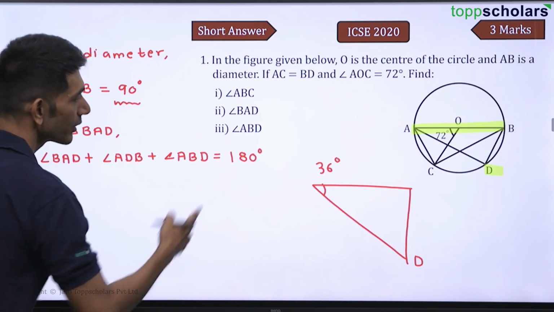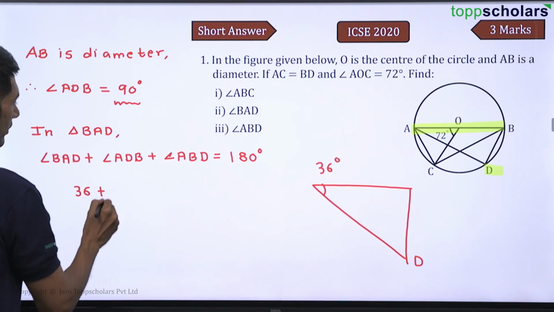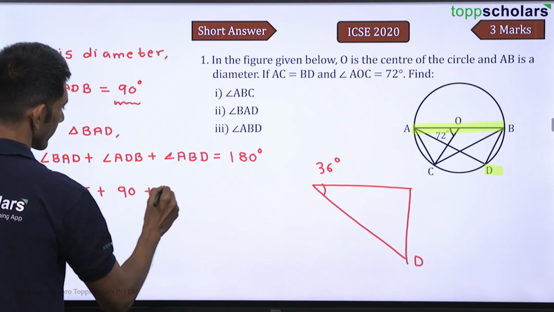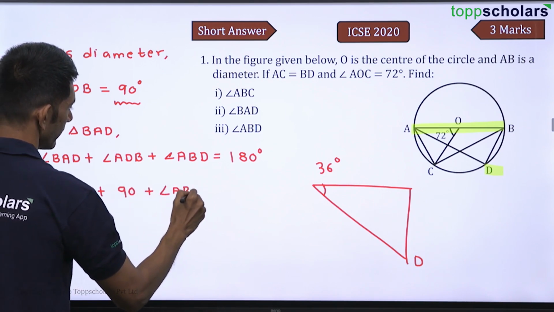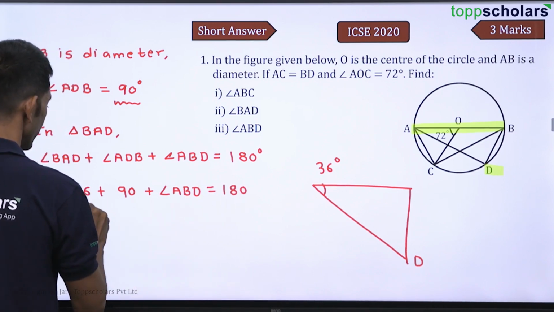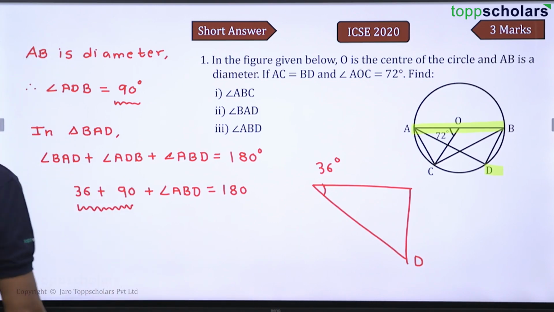Now BAD is how much? 36. ADB is how much? 90, plus ABD is equal to 180. So 90 plus 36 is how much? 126.